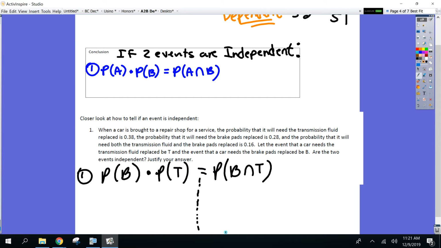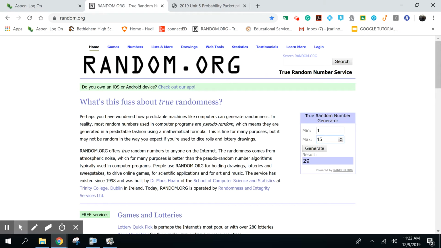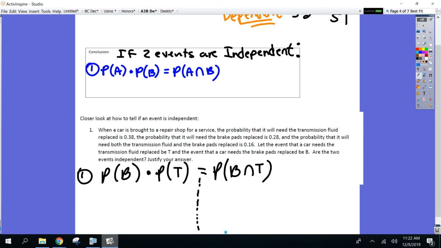Where do you find all these probabilities? In the darn problem. So somebody reread it for me. Probability I need brake pads. What's the probability I need brake pads? It's right there.